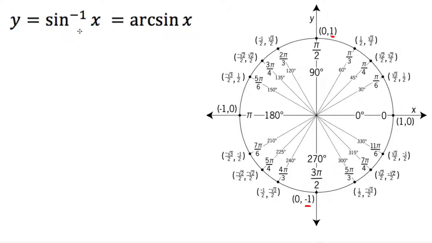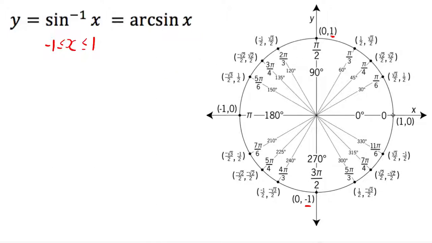So for my domain, x is going to be between negative 1 and positive 1. I can't take the inverse sine of something greater than 1 because there is no angle that will give me a sine greater than 1. I can't take the inverse sine of something less than negative 1 because there is no angle that will give me a sine less than negative 1. So that's how we get this domain.